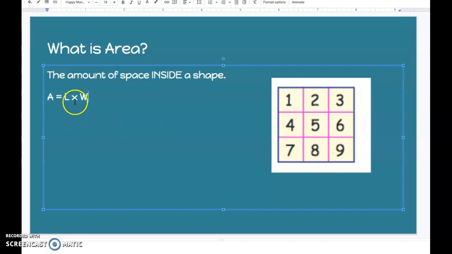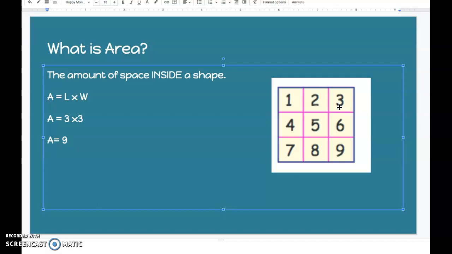If I was using this formula to solve for area, I'd say, okay, well, the length looks like it's 1, 2, 3, and the width looks like it's 1, 2, 3. 3 times 3, I know, is 9. So my area of this shape is 9.